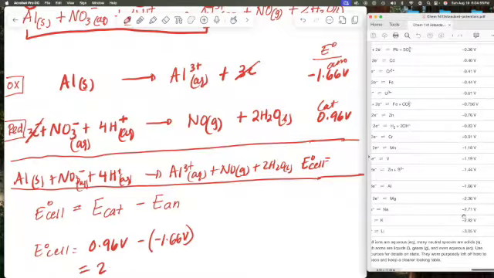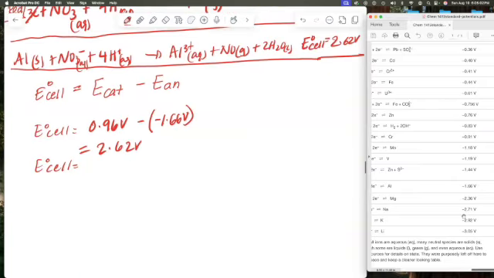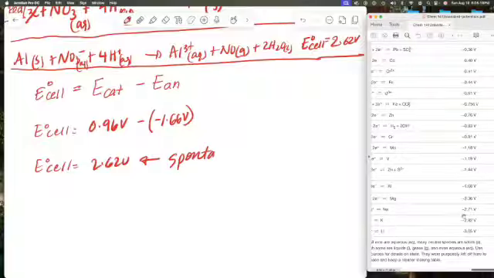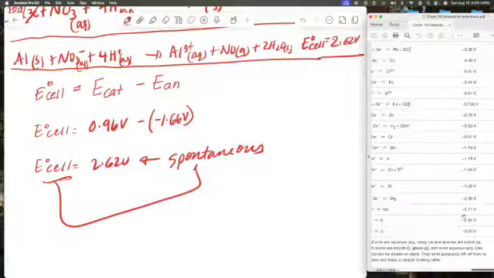We get 2.62 volts, okay? 2.62 volts. Oops, I wrote this higher. I should write it here. 2.62 volts. This is a spontaneous reaction. Why? Because E of the cell is positive.